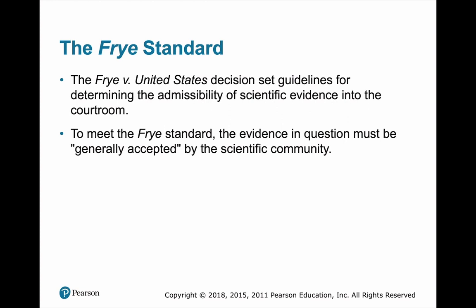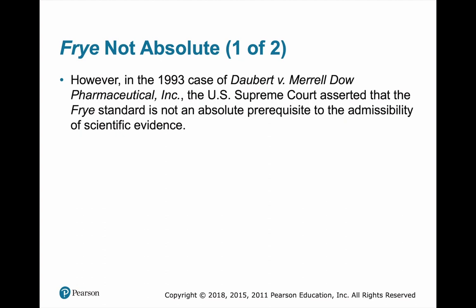So to meet what we call the Frye standard, the evidence in question must be "generally accepted," meaning basically the opinion of the scientific community: are we good with this or are we not good? So there's a lot of gray area. The Frye standard had a lot of gray area.